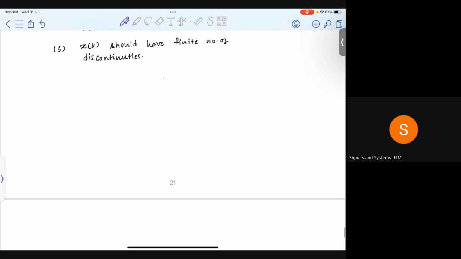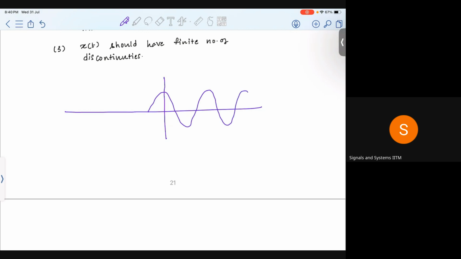any signal, maybe sine t, if you take a sine t signal, it runs across infinite time.